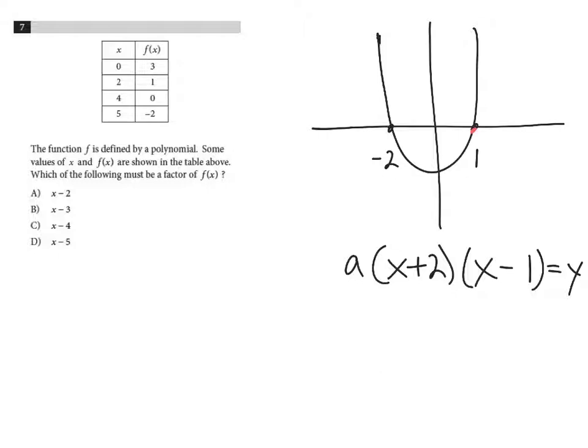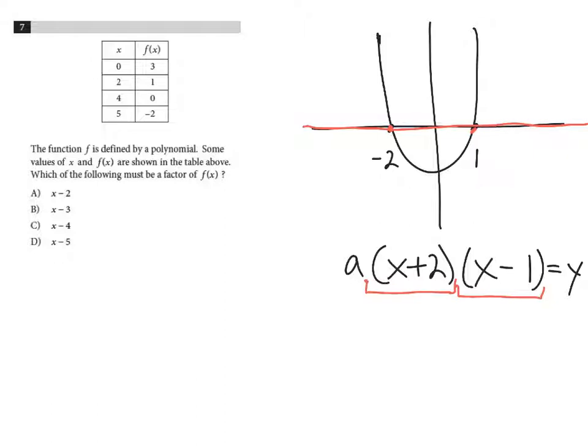So 1 has to make one of the factors equal 0 in our function. That gives us a 0 y value, and the same for negative 2. When we put it in, we have to have an output of 0 for y, so one of our factors has to be equal to 0, and that's why we get this x plus 2.